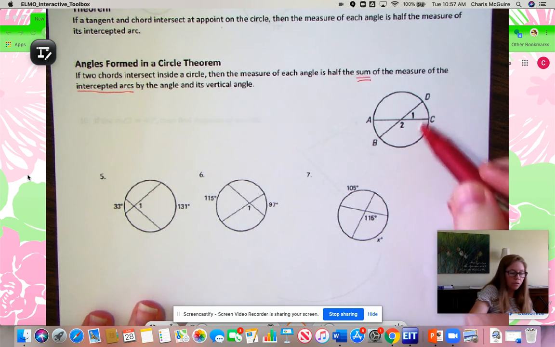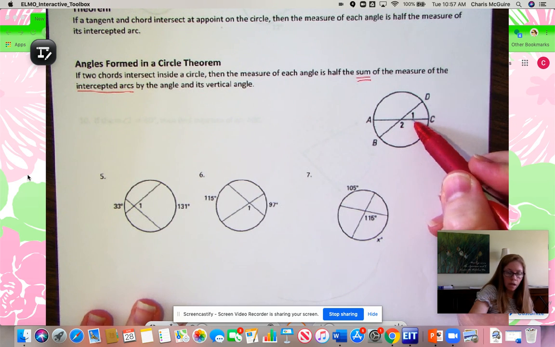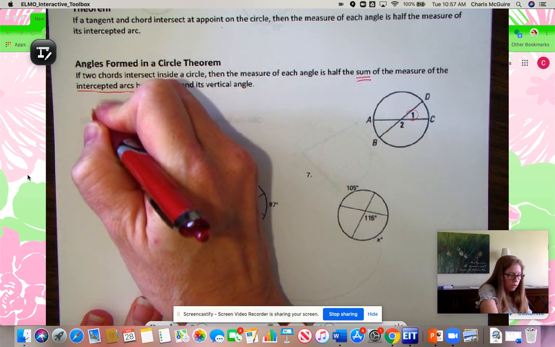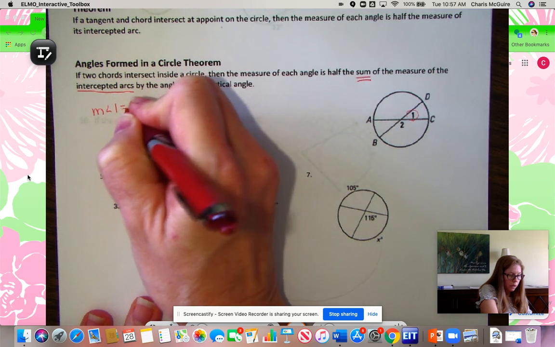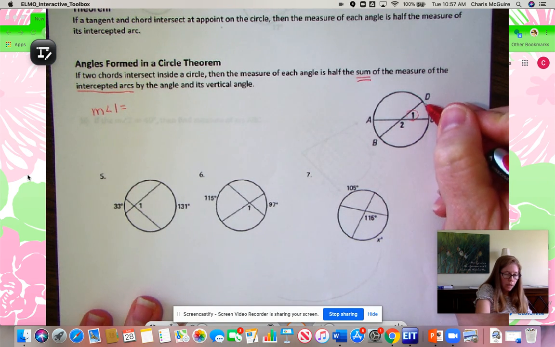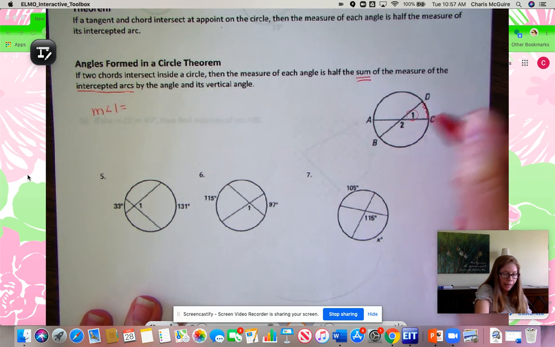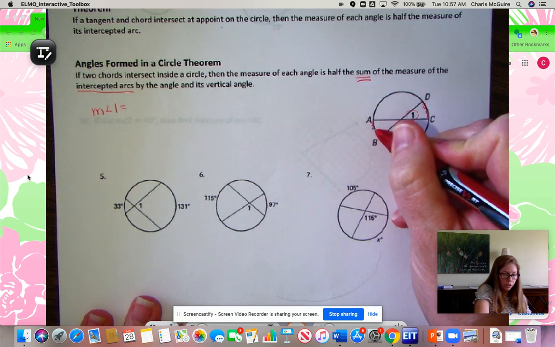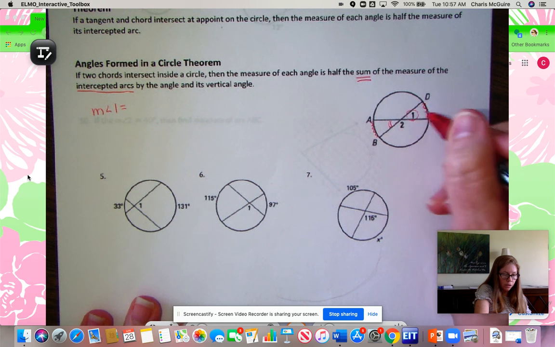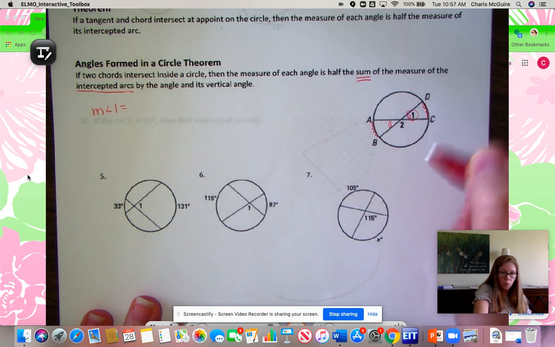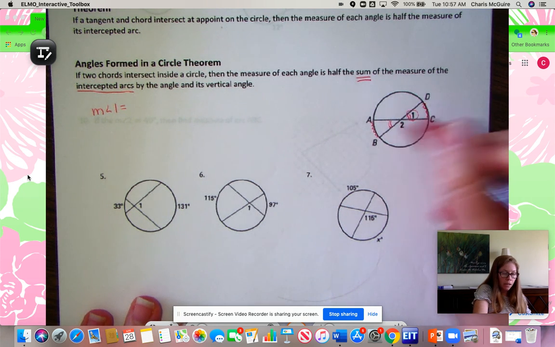So if we wanted to find, looking at just the diagram, the measure of angle 1, we could do its intercepted arc here, DC, and the arc of its vertical angle, right? This is its vertical angle to angle 1. We're going to add those two arcs together and divide by 2.